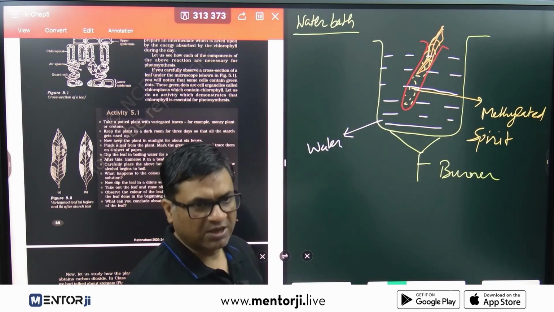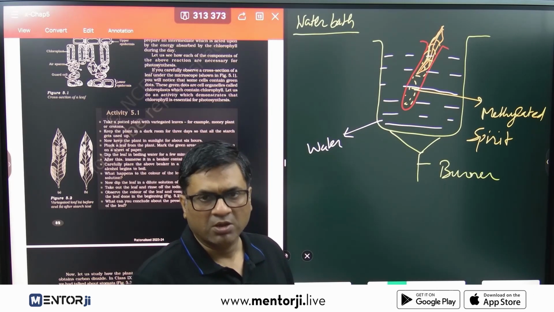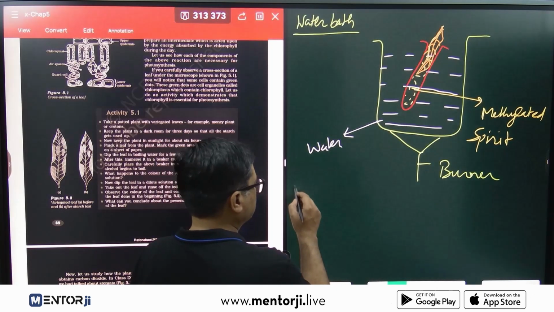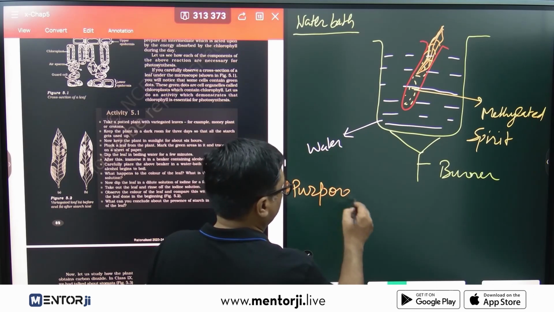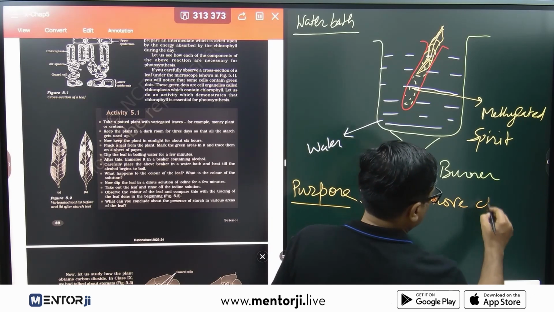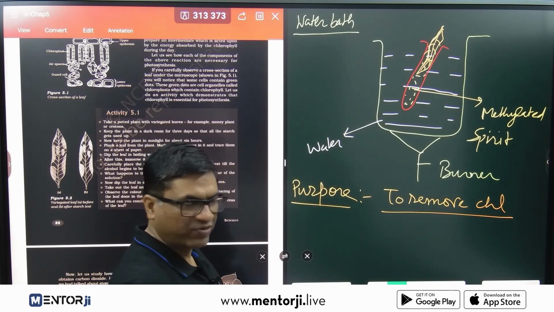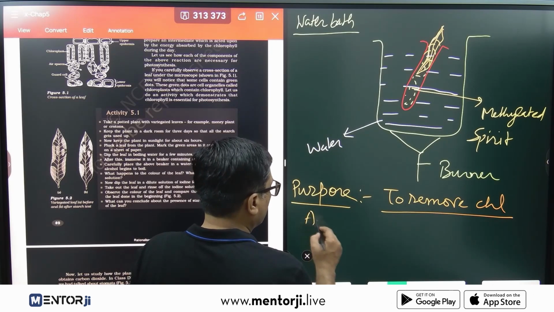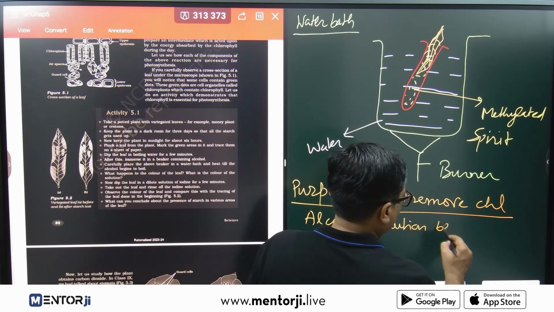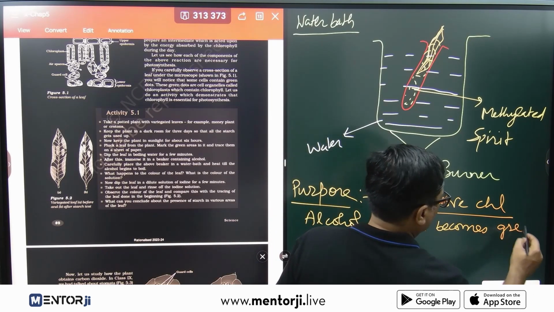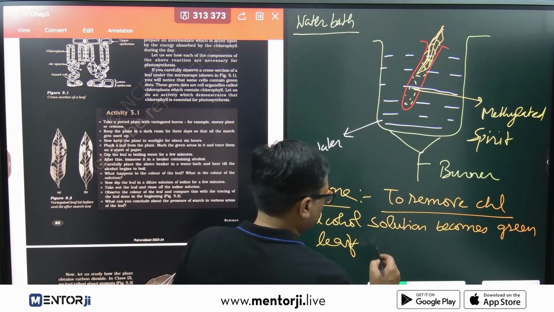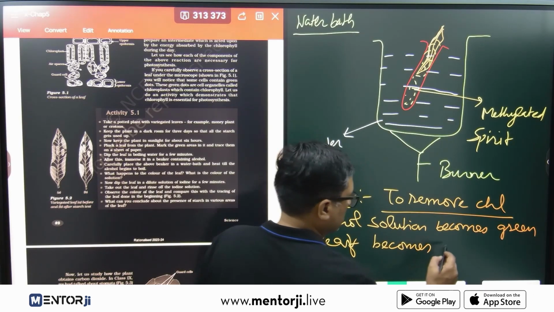We insert it in this boiling alcohol for a few seconds and take it out. The purpose is to remove chlorophyll. Now, the alcohol solution becomes green and the leaf becomes colorless.